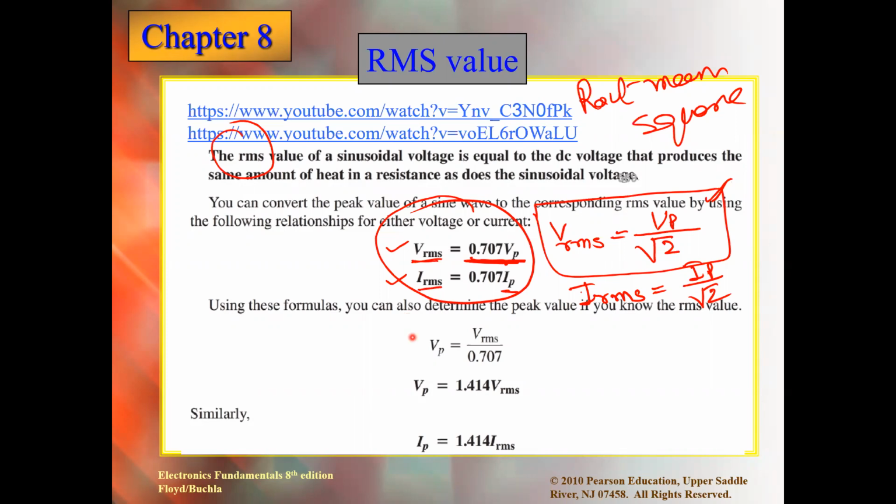Yes. Okay. This is root 2. So root mean square is basically this way, and this is easier to memorize compared to that one. So you can memorize it this way.